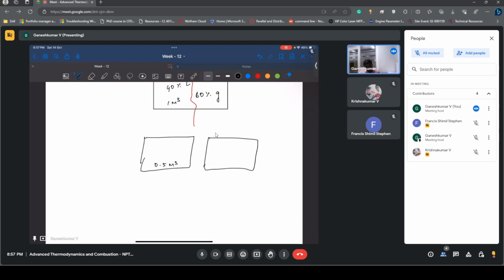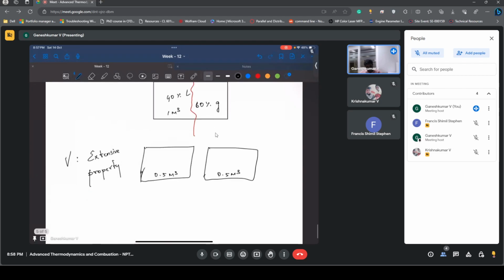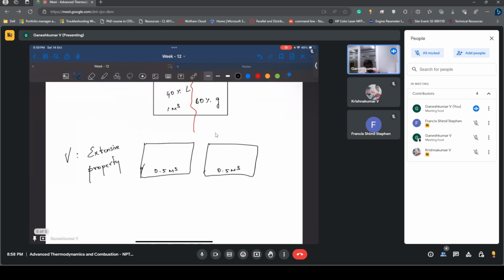So while dividing, what happened? The 1 meter cube became 0.5 meter cube. So V is an extensive property because it depends on the extent, how big the system is. That is clear. Now how much liquid and how much gas would be present here?